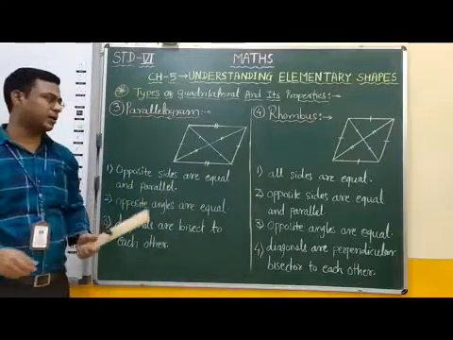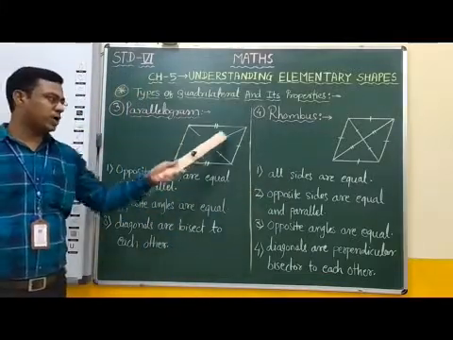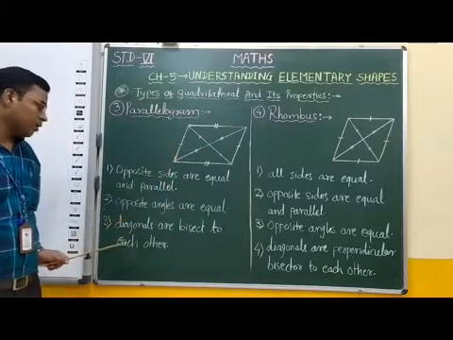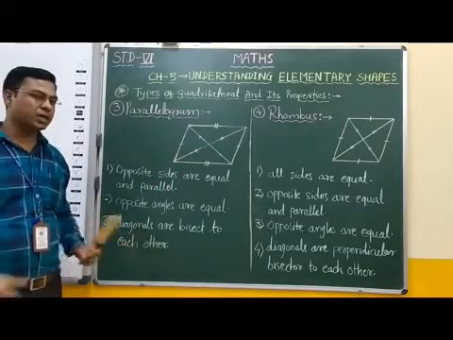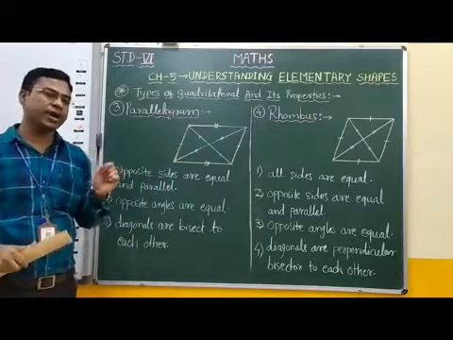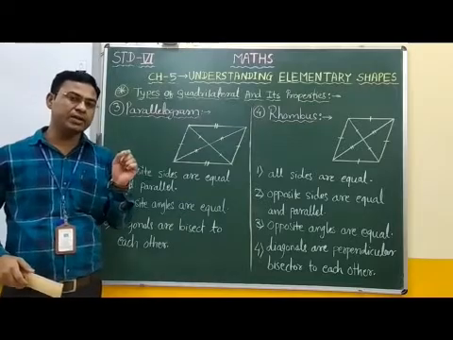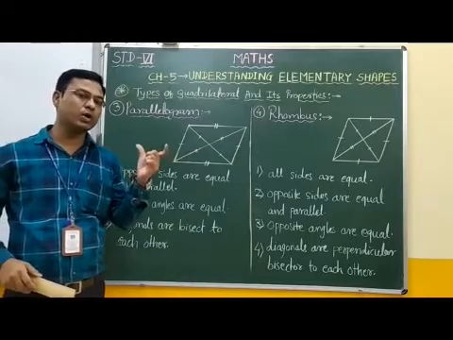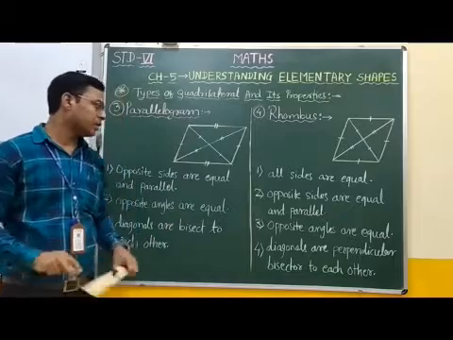Therefore, we can say that these two diagonals bisect each other, means they divide each other into two equal parts.